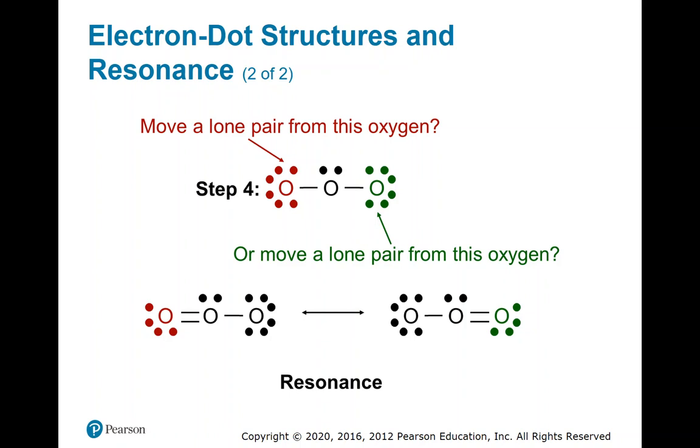And if you use a lone pair from the red oxygen, you get the resonance form shown here on the left. And if we use not a lone pair from the red oxygen to form a double bond, but one from the green oxygen instead, then we're going to end up with this resonance form over here.